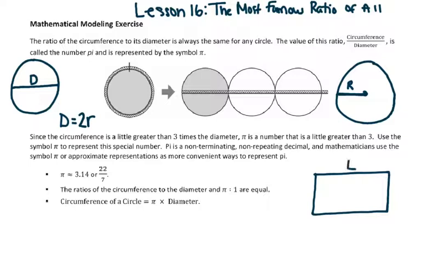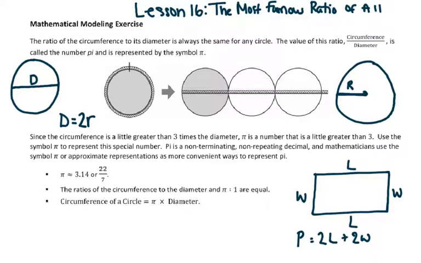And so we have two lengths when we're looking at a rectangle, and we have two widths. And so we represent the perimeter of our rectangle as 2L plus 2W, meaning we're going to multiply the width by 2 because we have two widths, and we're going to multiply the length by 2 because we have two lengths. And then we're going to add the width and the length together, and that's going to give us the perimeter, or the outside measurement of the entire rectangle.